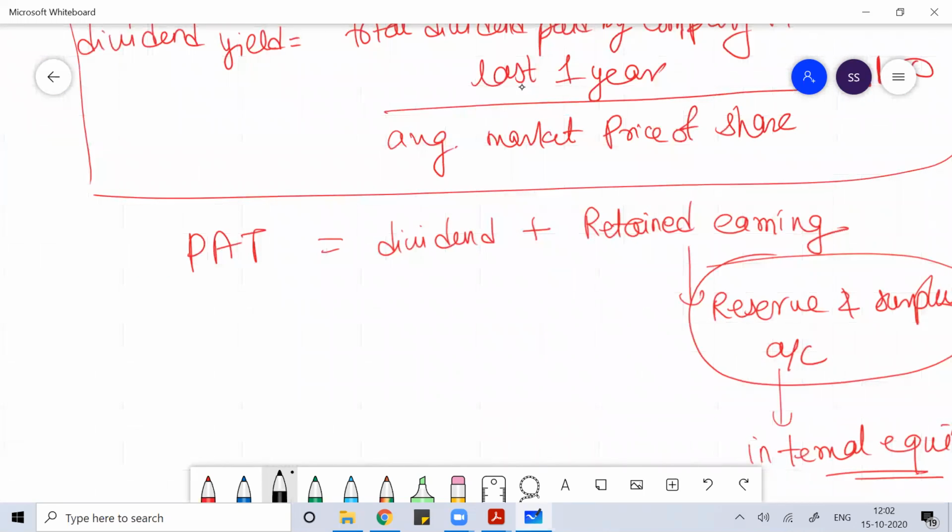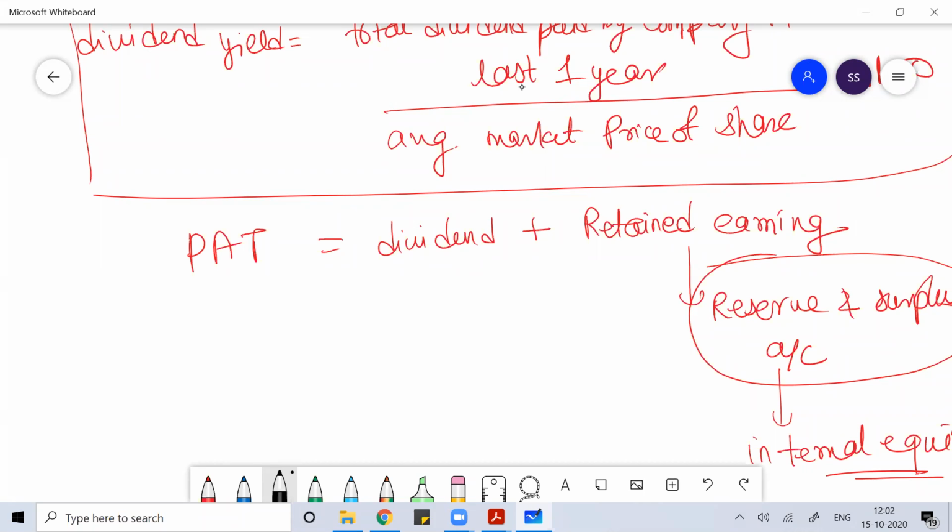You need to understand that shares can be ordinary shares or preference shares. In the case of preference shares, the payment of dividend is kind of a compulsion: whenever the company gets a profit, it gives dividend to the preference shareholder. But for the ordinary shareholder, the payment of dividend is not at all a compulsion.